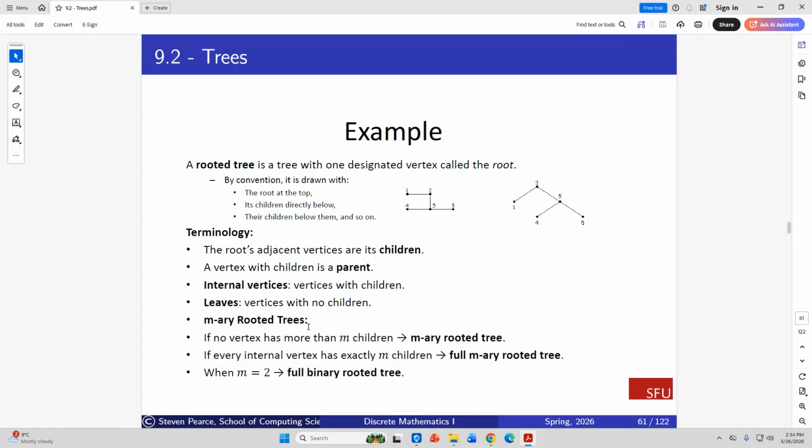An m-ary rooted tree means it has at most a branching factor of m. If no vertex has more than m children, then an m-ary rooted tree is what we have. If every internal vertex has exactly m children, it's a full m-ary tree. So, for example, let's look over here.